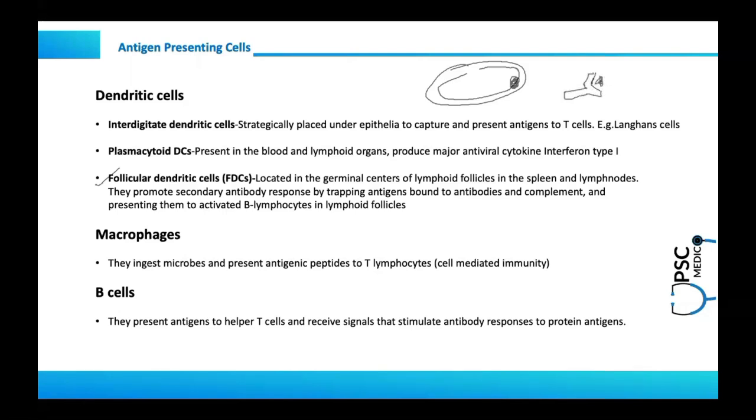Whenever there is an antigen, if this is an antigen and this is an antibody complex, whenever there is a primary immune response, this antigen is presented to the B cell present inside the spleen and lymph nodes. They give rise to a secondary antibody response by trapping the antigens bound to antibodies and complement, and presenting them to activated B lymphocytes in lymphoid follicles.